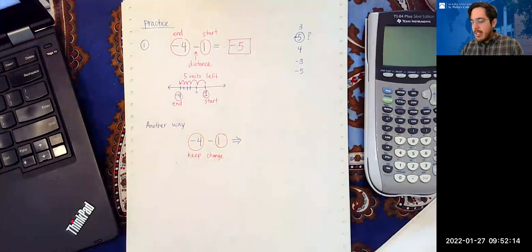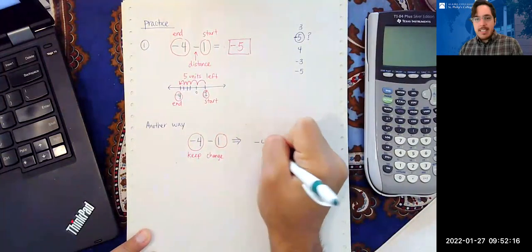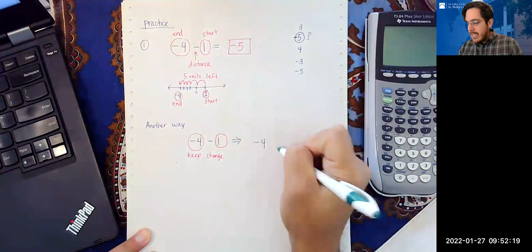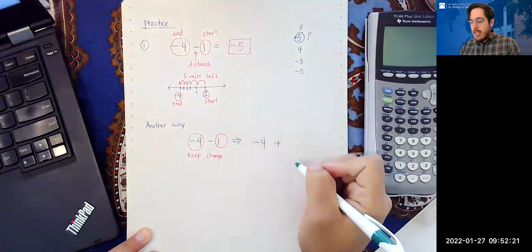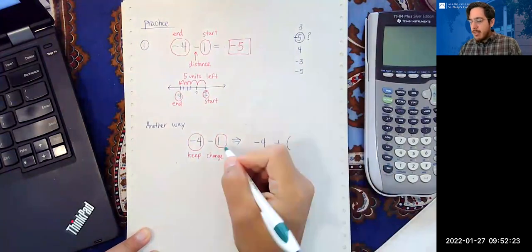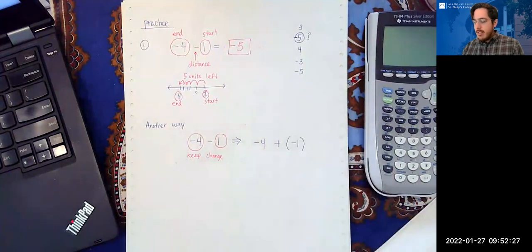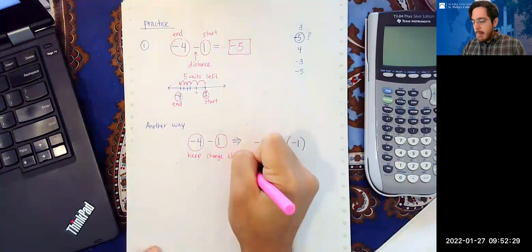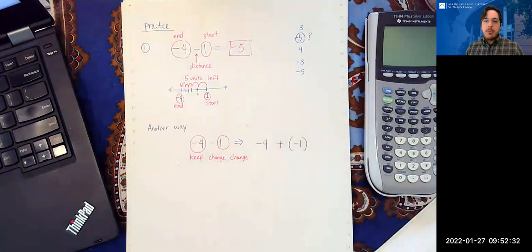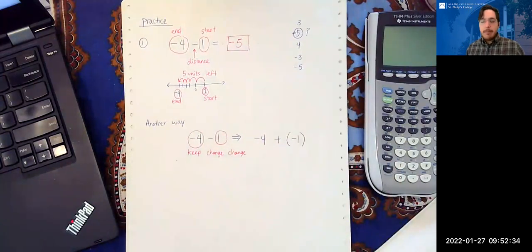So what that is telling me, then I should have -4, that stays the same. Change to addition, and then add the opposite of 1, which is -1. So I keep, change. Now, can anybody tell me what was the rule for adding numbers that have the same sign?